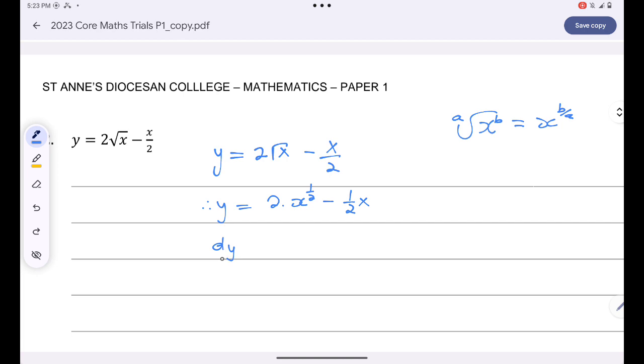The notation will simply be the derivative of y with respect to x is just equal to 1 over 2 multiplied by 2 is just equal to 1, and then 1 over 2 minus 1 is just negative half, minus 1 over 2. And hence, since I'm supposed to leave my answer with positive exponents, I'll simply have 1 all over x to the power half minus 1 over 2. This is just my derivative.